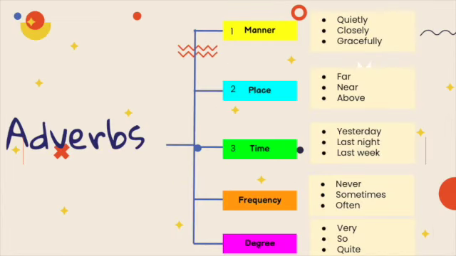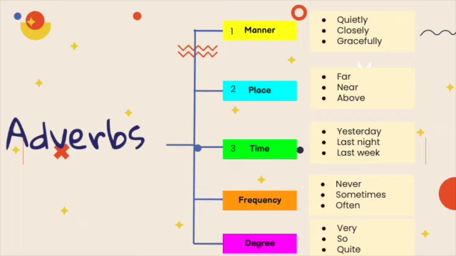We have discussed the functions of adverbs just now, which describe the verb, the adverb, and also the adjective. We have 5 categories of adverbs. First we have manner, second place, third time, fourth frequency, and the last one is degree.